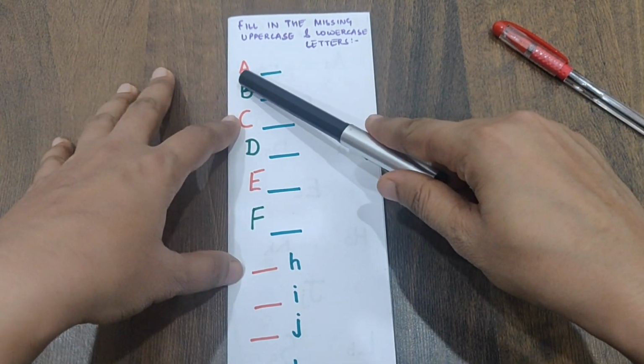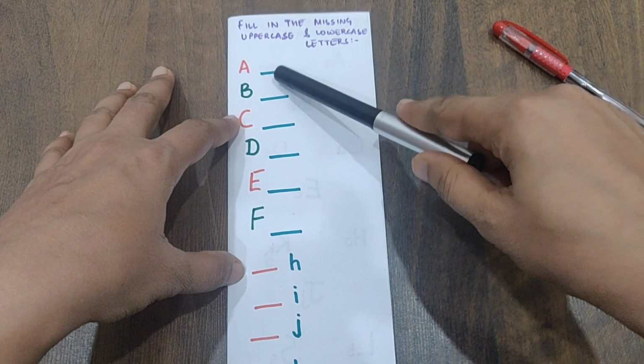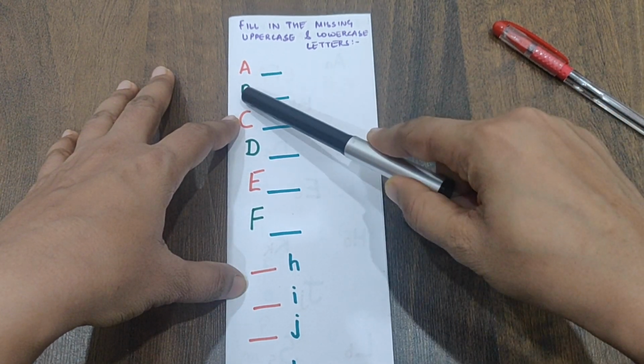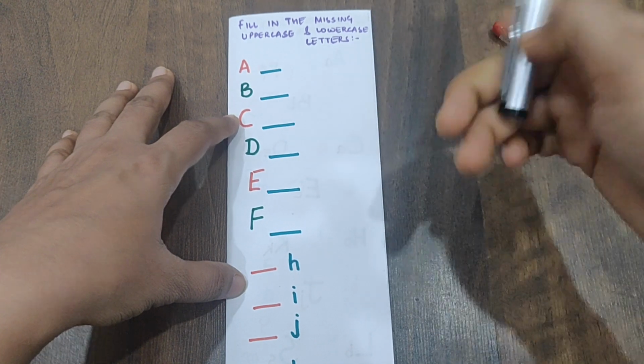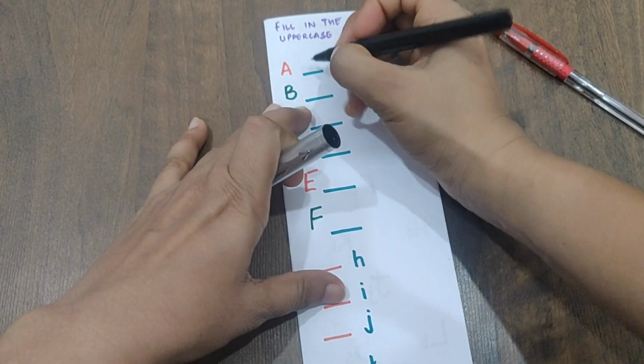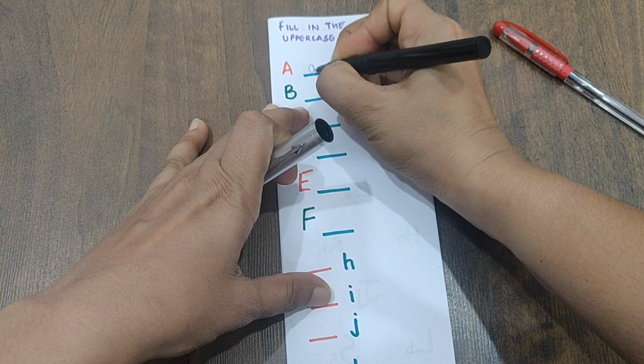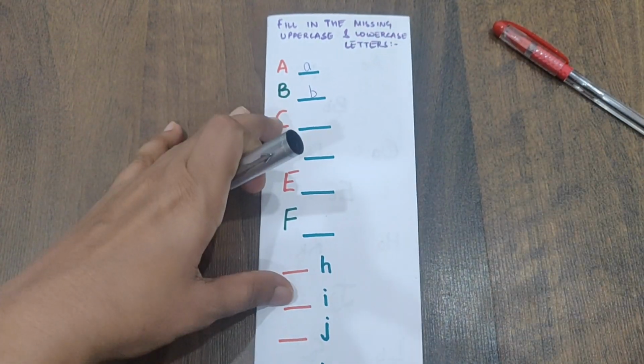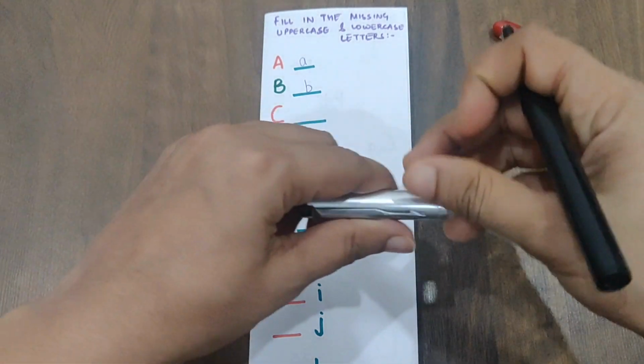For example, here I have mentioned uppercase A, so I expect the child to write lowercase a over here. So B, and again the lowercase b. Likewise the child is supposed to fill it up.